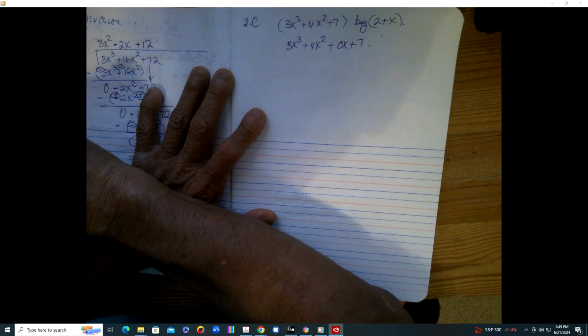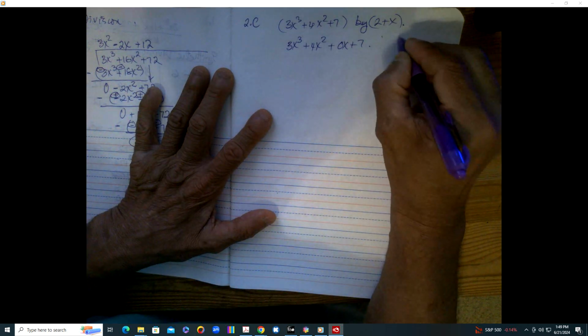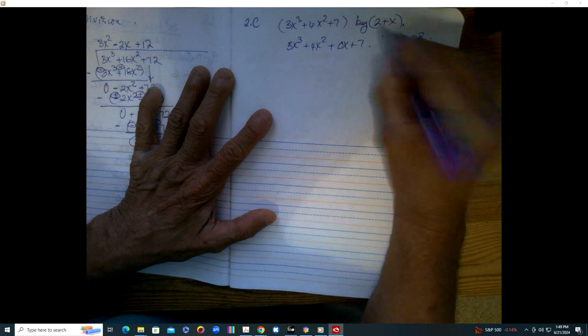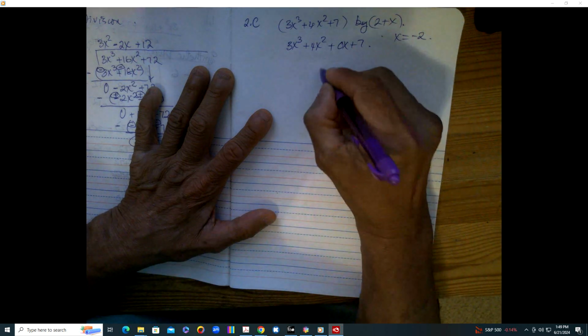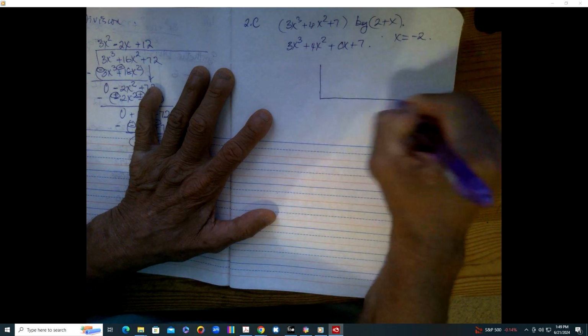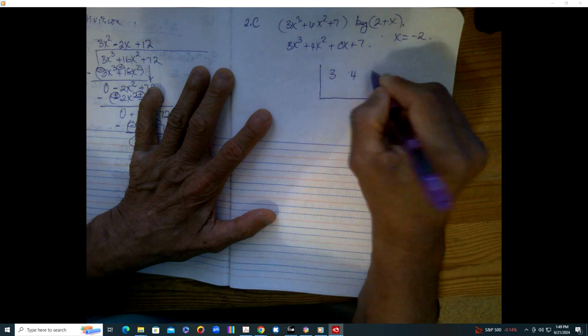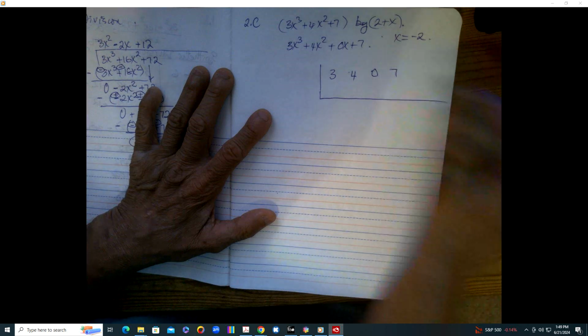Then the next step is we're going to solve for x. So x is going to be negative 2. Because x plus 2, we move it over, it's going to be negative 2. So now we draw the diagram. We put the number 3, number 4, number 0, and 7.